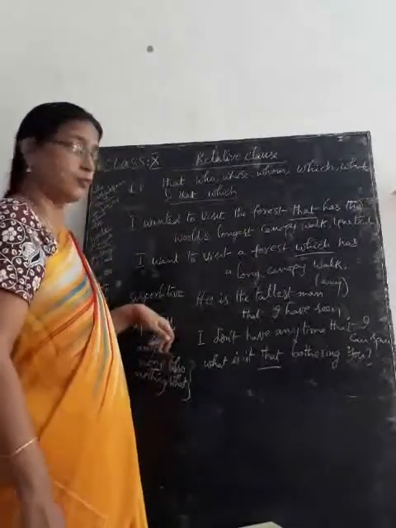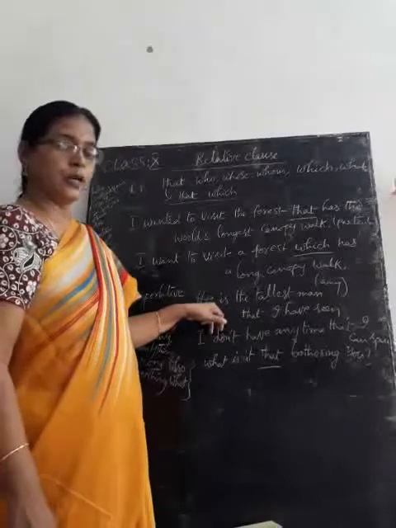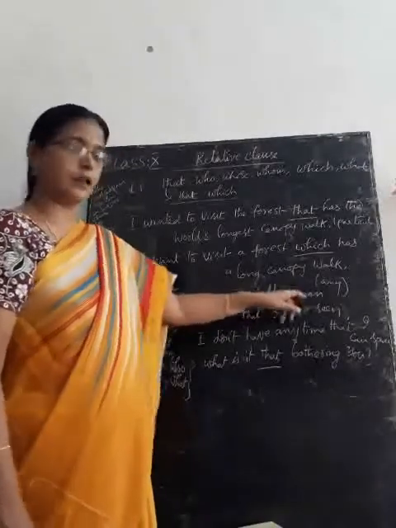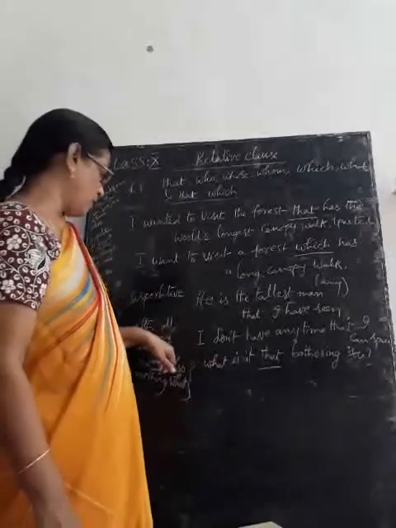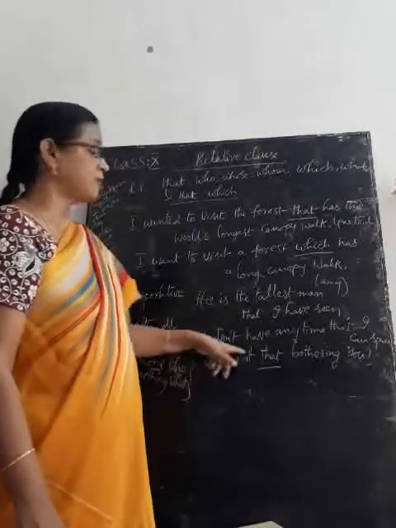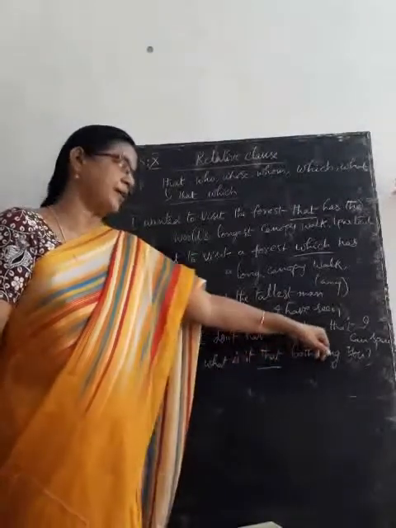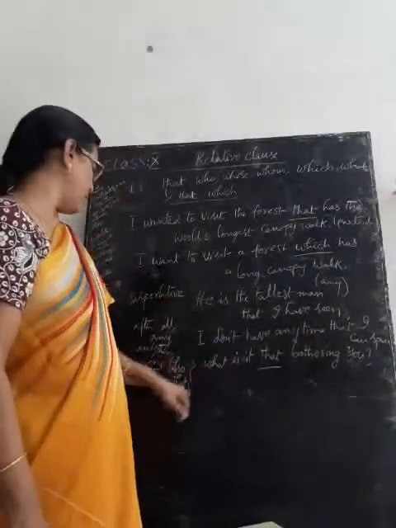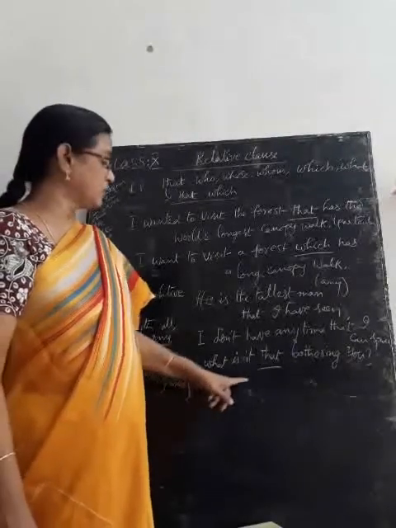So, some points you have to remember. Before superlative degrees we have to use the relative pronoun that. He is the tallest man that I have seen. After words like all, any, anything, none, nothing, we use the relative pronoun that. I don't have any time that I can spare. And in sentences beginning with who or what we use that.